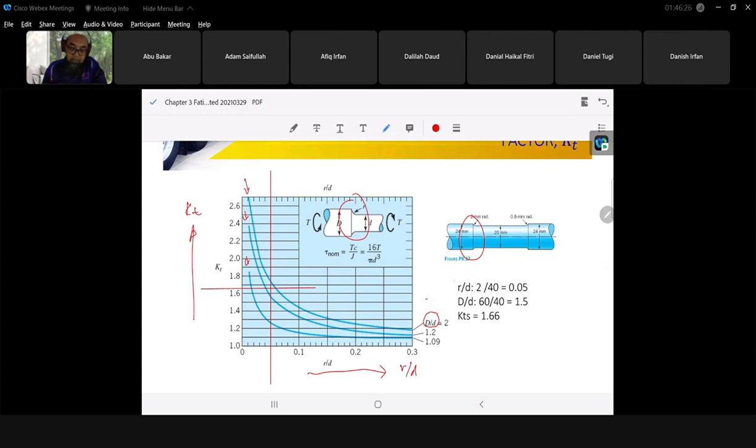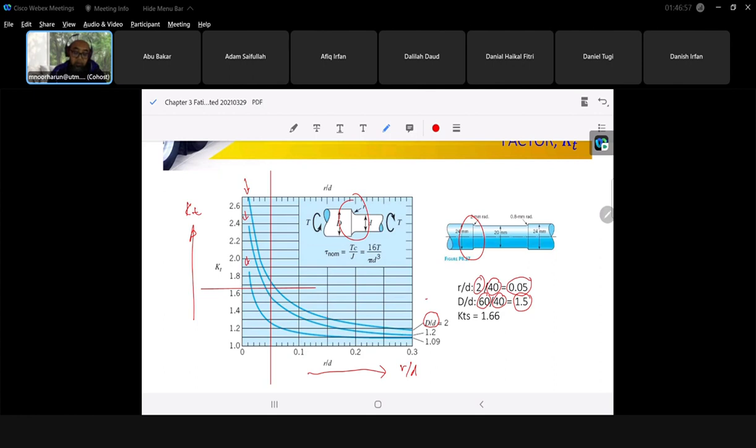Okay, this is an example. If capital D is 60 and small d is 40, you get the value of 1.5. Then if R is 2 and the smaller d is 40, you get the value as 0.05.